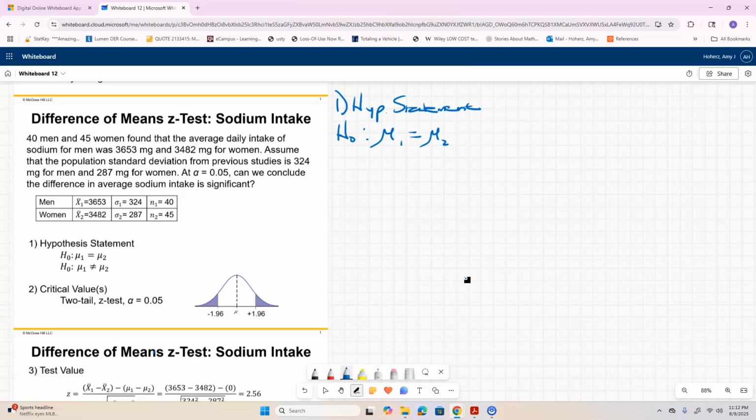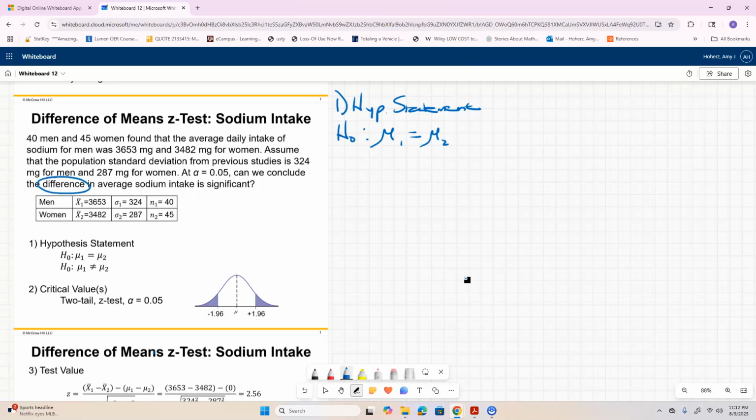Assume that the population standard deviation from previous studies is 324 for men and 287 for women. Okay, again, we've got different population standard deviations, but they are both given. At alpha equals 0.05, can we conclude the difference in average sodium intake is significant?